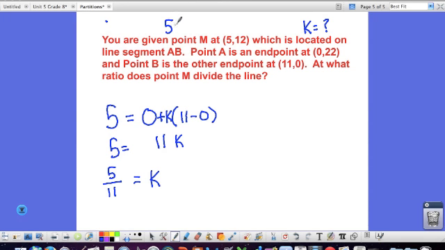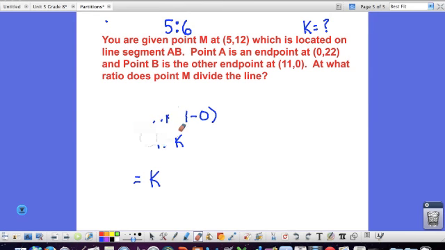Remember to write that as a ratio. It's 5/11ths of the way, but that means there's 5 basically to one side of the point and 6 to the other. Now, if we did this correctly, we actually only need to do this one time for the x value. When we do the y value, the ratios need to be the same. So let's check it.